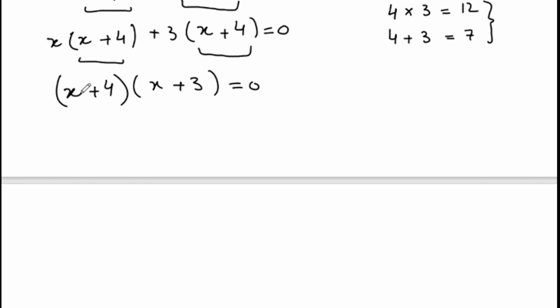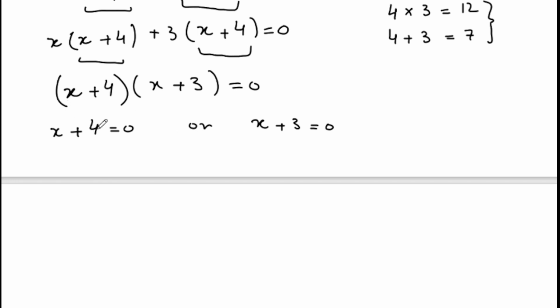So on the left hand side there are two factors x plus 4 and x plus 3, and now we set each factor equal to 0. So here x plus 4 equals to 0 or x plus 3 equals to 0.